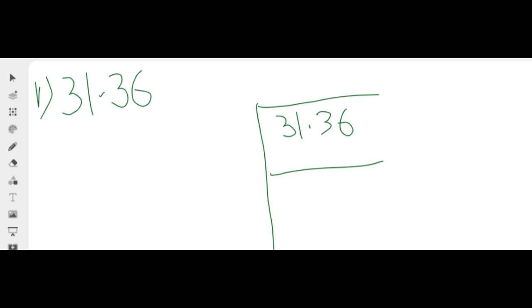Okay, so which number multiplied by itself gives less than or equal to 31? 5 5s are 25. Very good. 5 5s are 25. 31 minus 25 is 6.